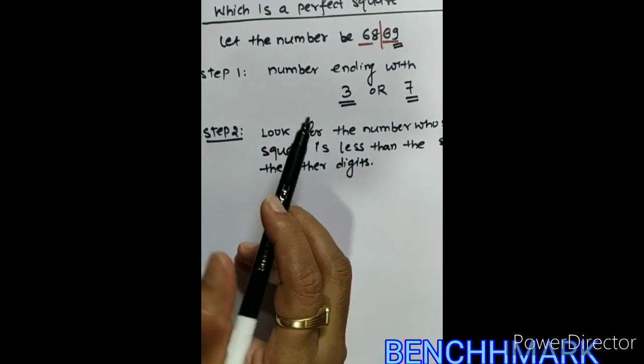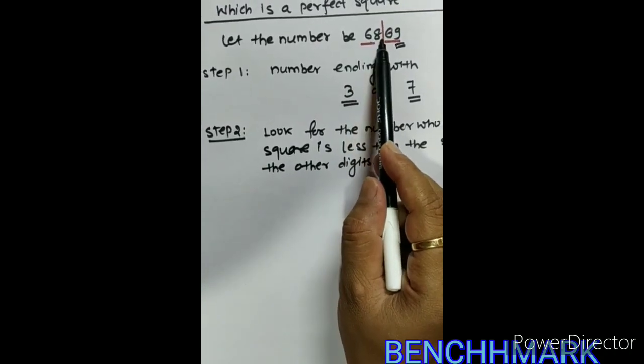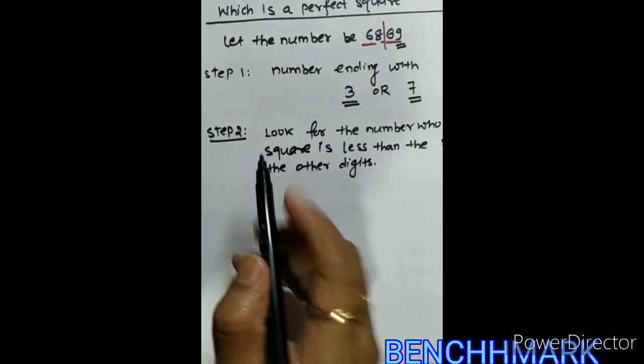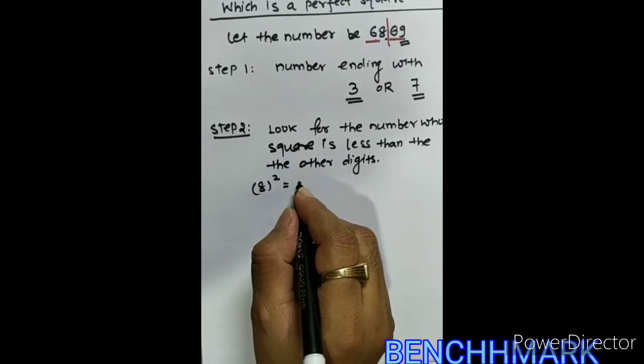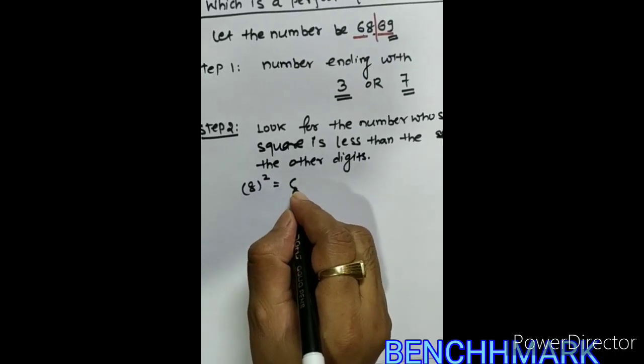Come to this part. What is the number? 68. The nearest number that I can think of is 8 square, which is equal to how much? 64.